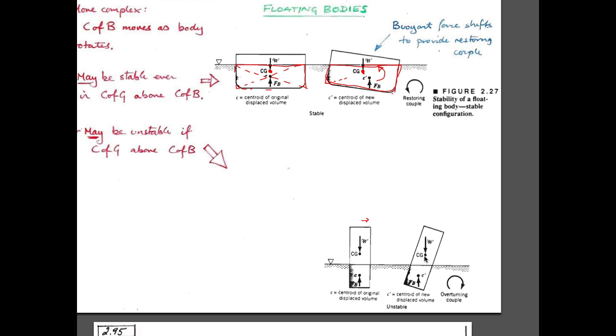As you move to the right, then the line of action of the weight and the line of action of buoyancy give a moment to it which continues to overturn the structure. And as it overturns, it becomes more and more out of kilter, the moment gets larger, and ultimately it would realign itself in some way. I imagine in this particular case, the resting position would be something like this, right?